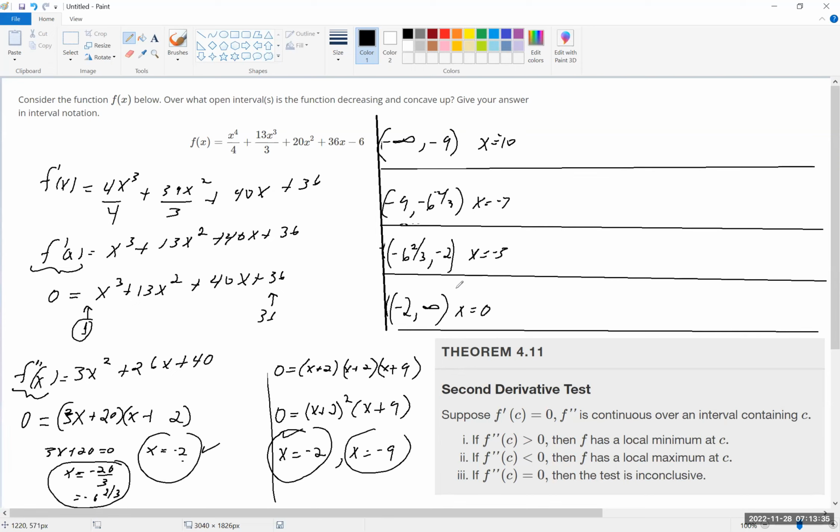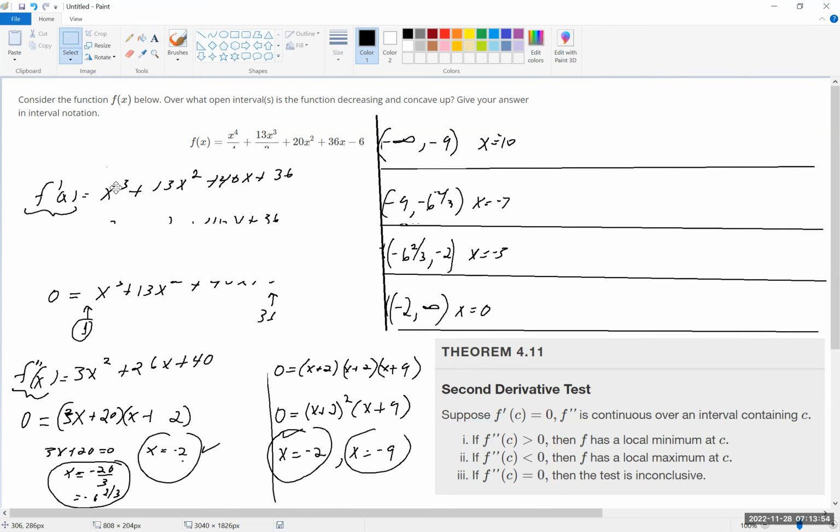Okay, so now first I've got to clean up my space here. We'll need this for sure, so I'm going to move this up just a little bit.